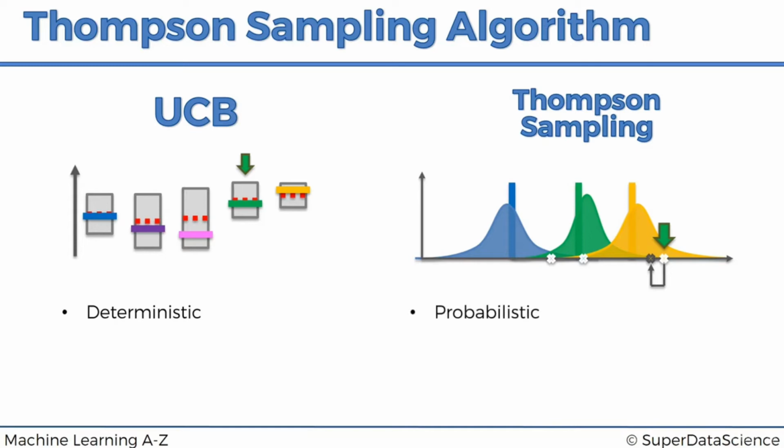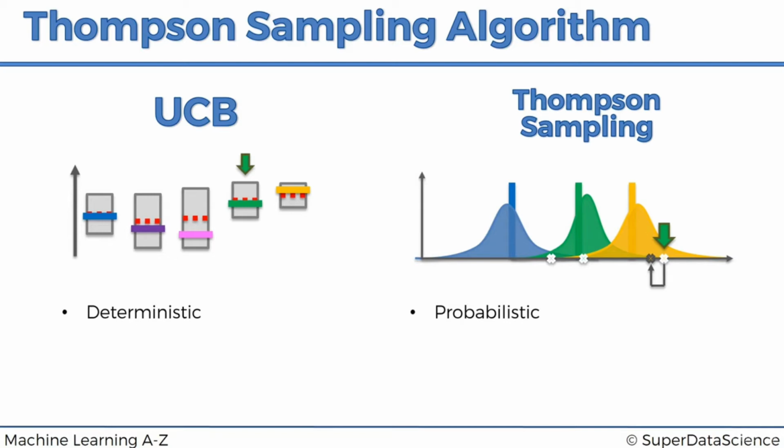Whereas on the other hand, the Thompson sampling algorithm is a probabilistic algorithm, because in the algorithm itself it has these distributions which represent our perception of the world and where we think the actual expected returns of each of those machines might lie. And therefore, every time we are iterating in the Thompson sampling algorithm, we actually generate random values from those distributions.